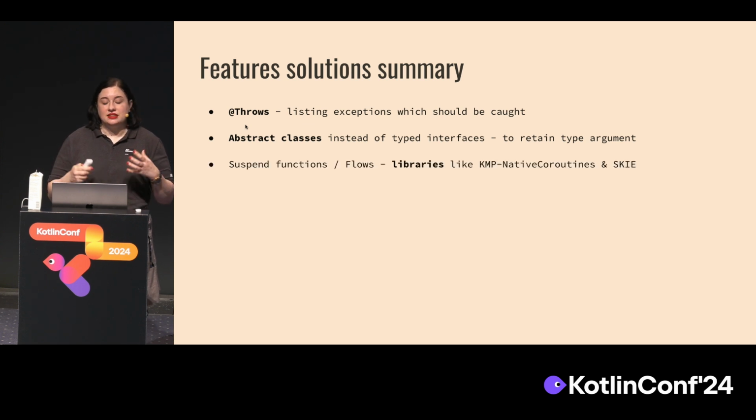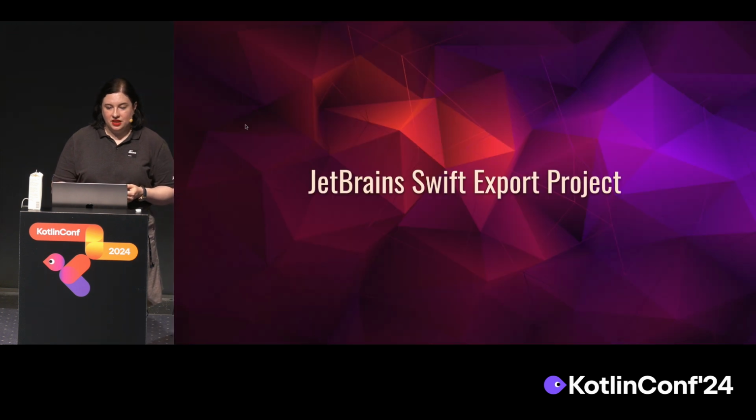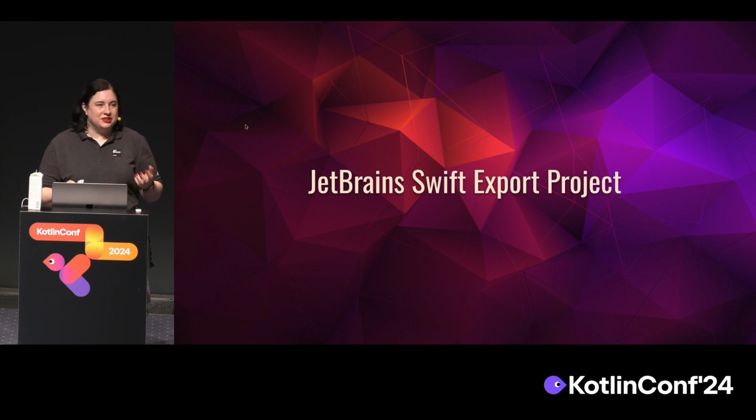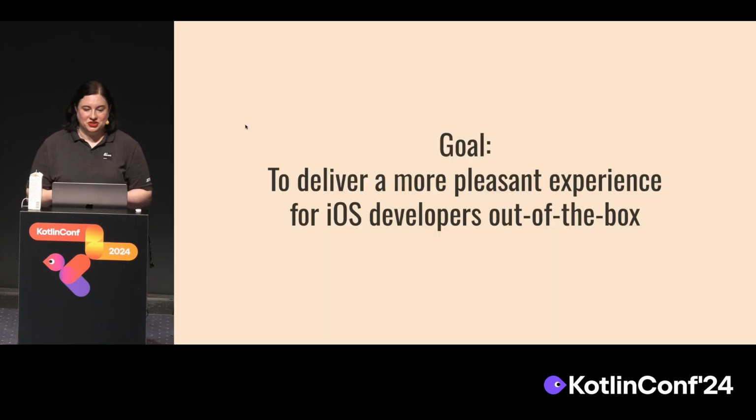And we can use libraries like KMP native coroutines and SKIE in order to correctly support and call our suspend functions and flows. And finally, let's really talk about the JetBrains Swift export project that we hope will alleviate all the major pain points and even the minor bugbears related to Swift interop in the future.